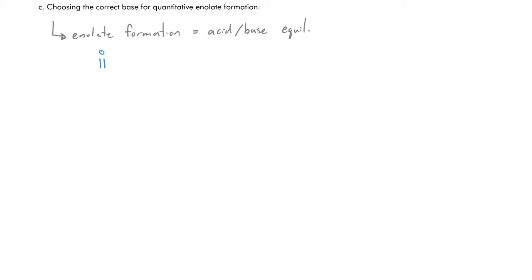So as we've seen, enolate formation is just an acid-base problem. So we need to treat it like an acid-base equilibrium issue, which it is. Let's look at how we decide what base to use based on our knowledge of acids and bases.